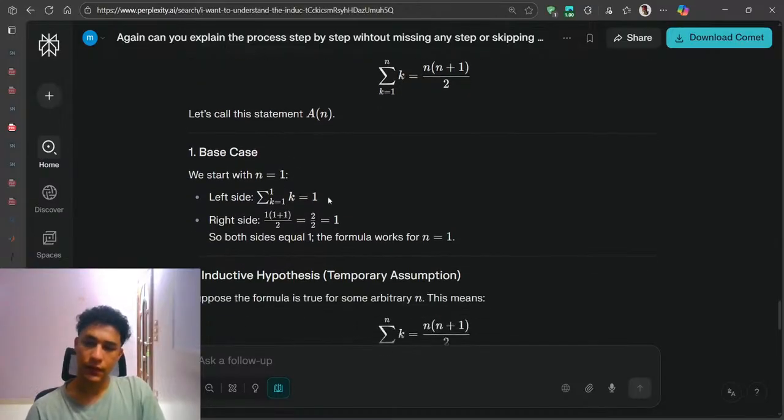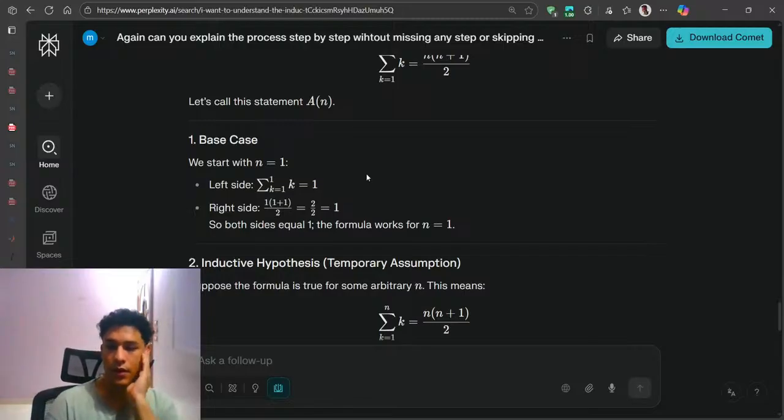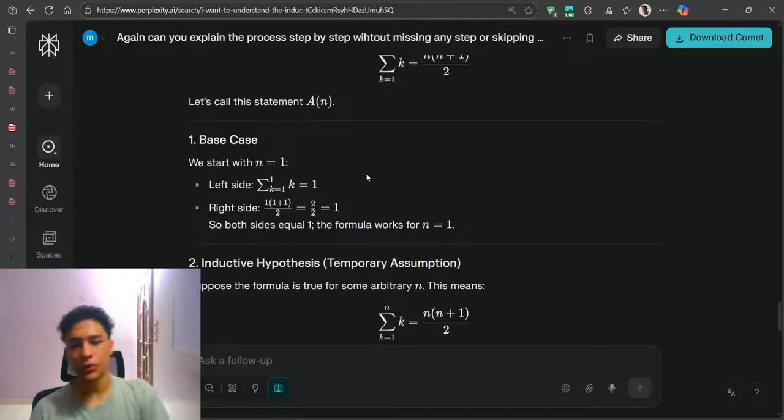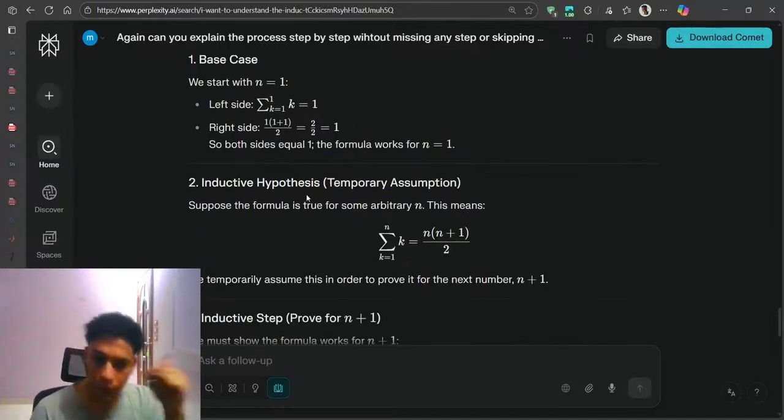Base case. We start with n equals 1. On the left side we have the sum with k equals 1. On the right side we have this. We replaced n with 1. Cool. Inductive hypothesis.